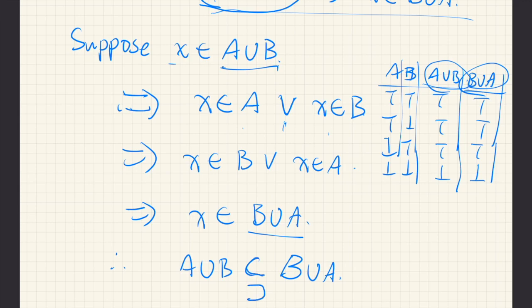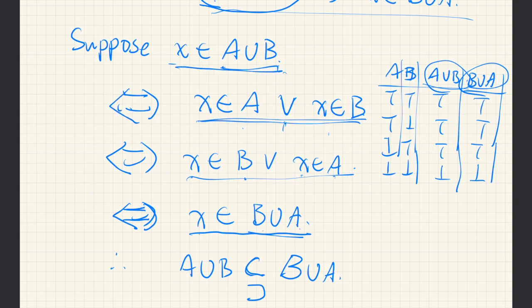This one. Okay. Now assume this: x belongs to B cup A. Then that means x belongs to B or x belongs to A. So this arrow goes backwards also. And similarly, this can go backwards. So if this is true, then this is true. But if this is true, then this is true.